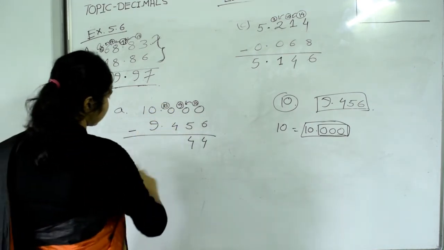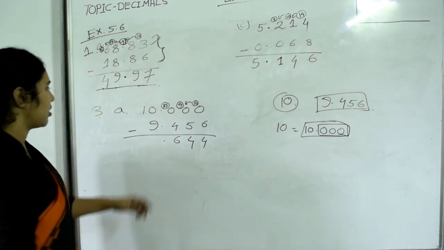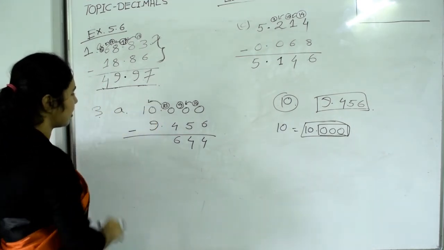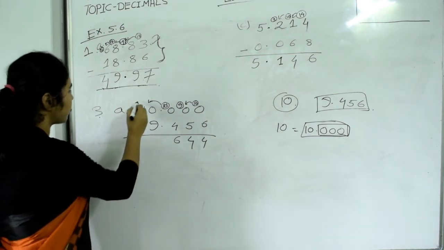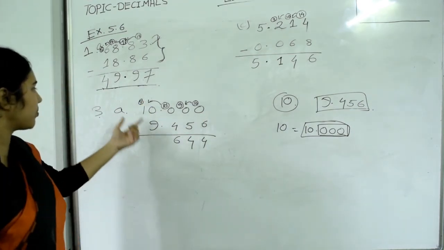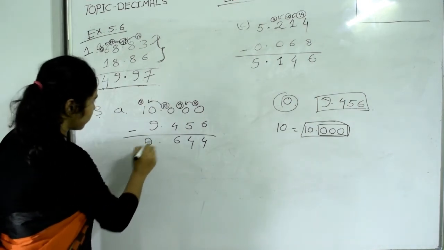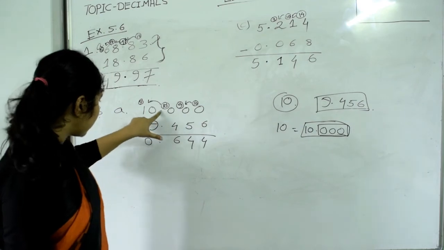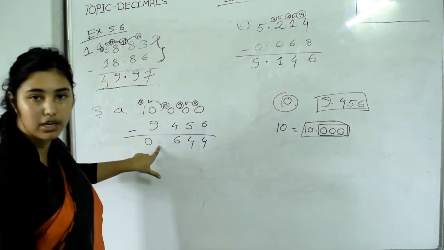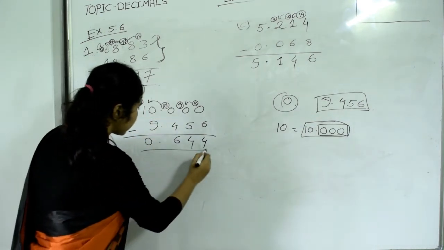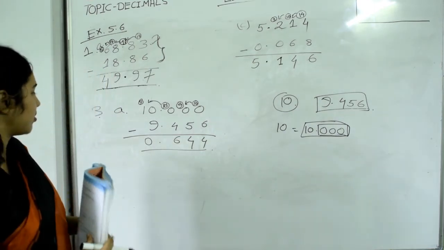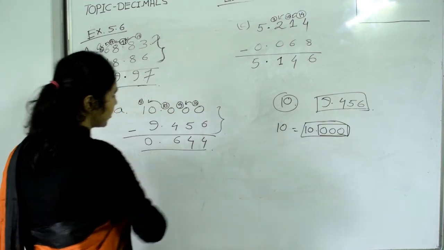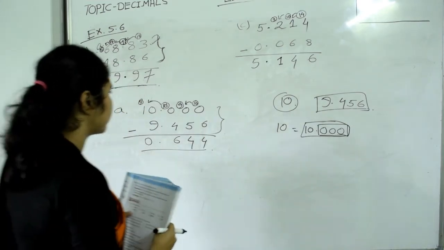So 4 minus 10, 6. Again take this 1. So 9, 10 minus 1, 9. 9 minus 9, 0. Okay. So now insert this point just under these two decimal points. So our answer is 0.644. This is the difference between these two numbers.